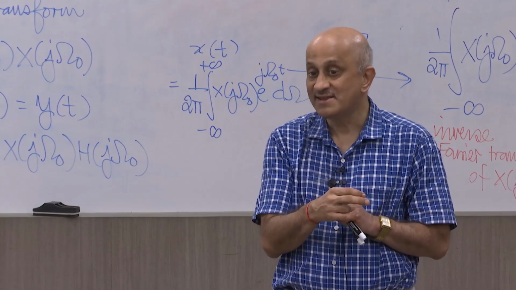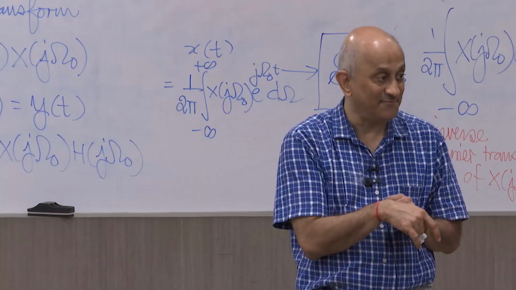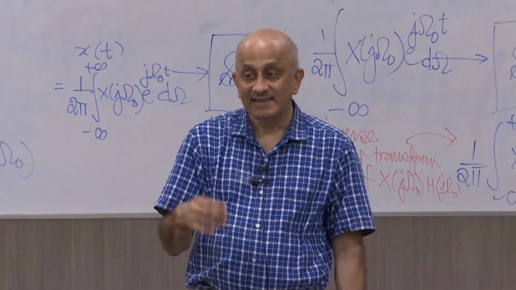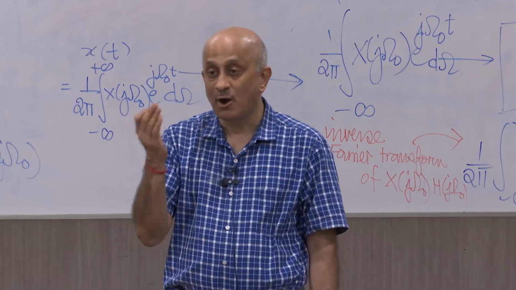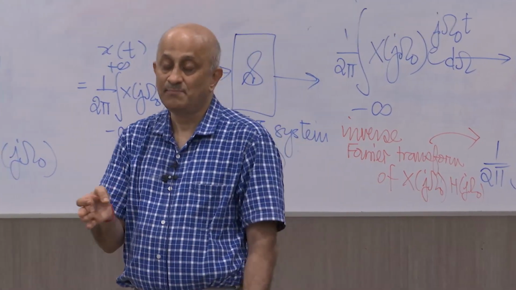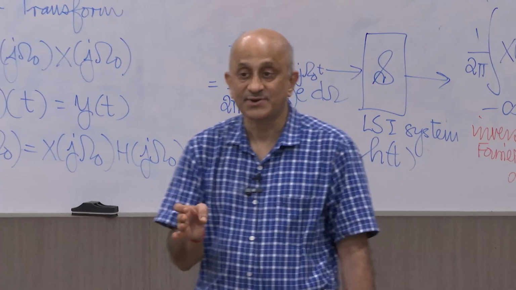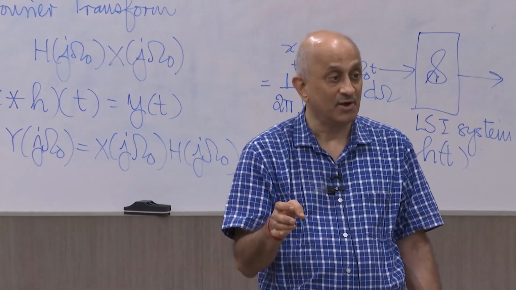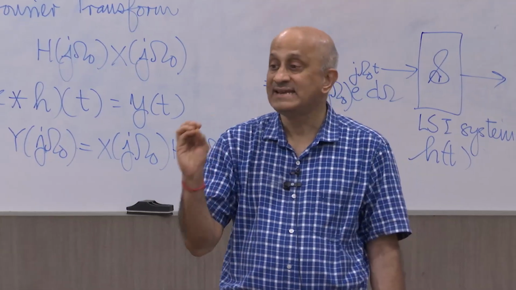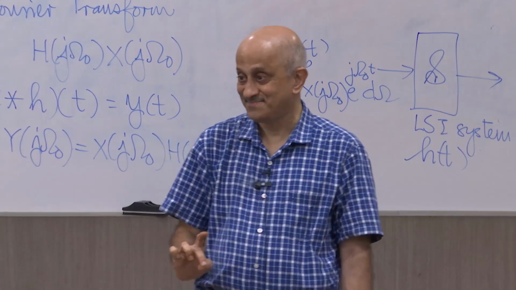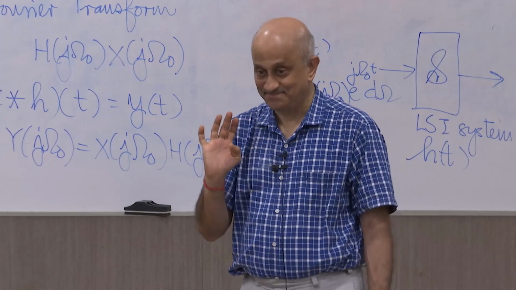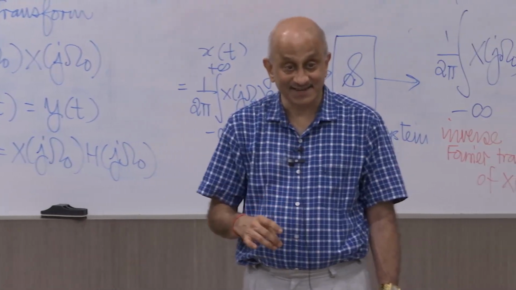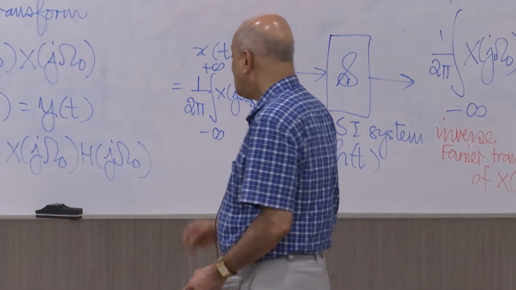What implications does it have? If these are well appreciated, then the idea that the output Fourier transform must be the product of the input Fourier transform and the Fourier transform of the impulse response has a very simple, neat and appealing meaning. So I hope this meaning has been appreciated. All right.